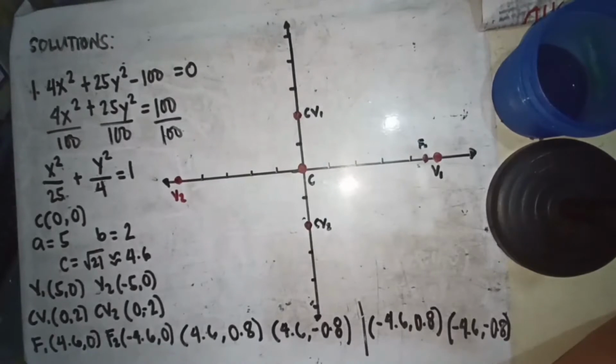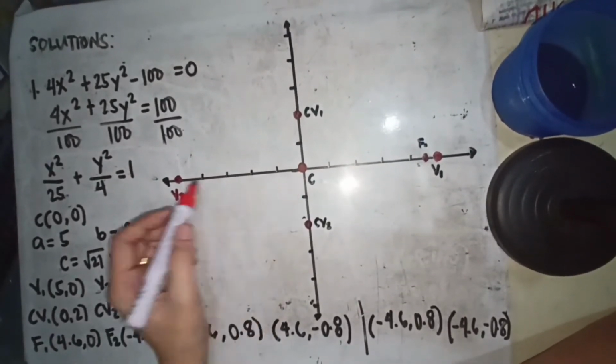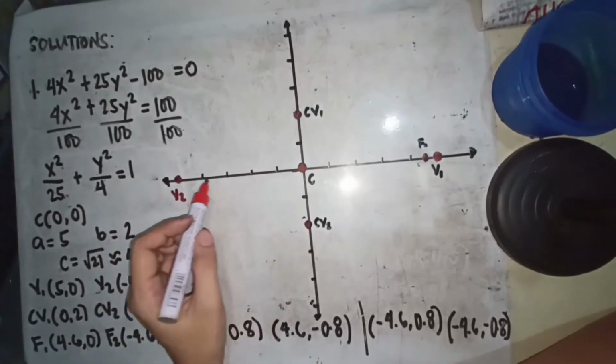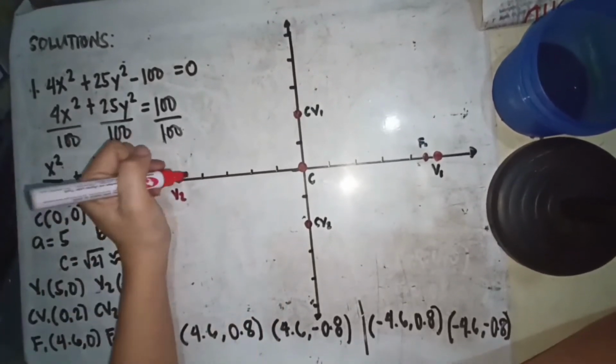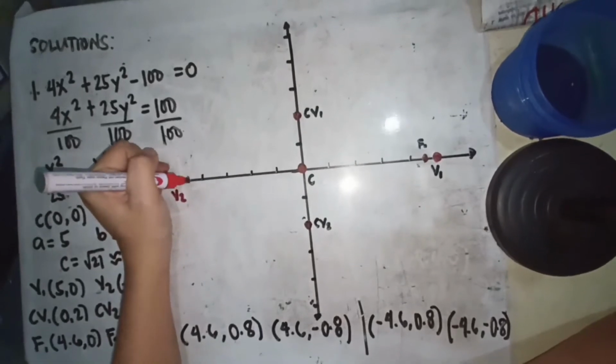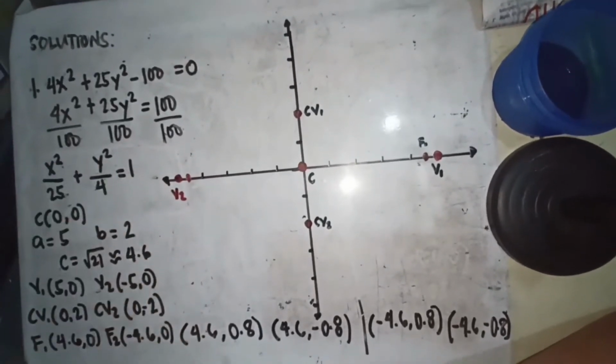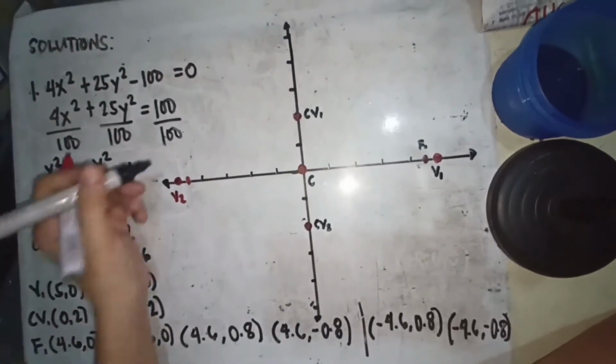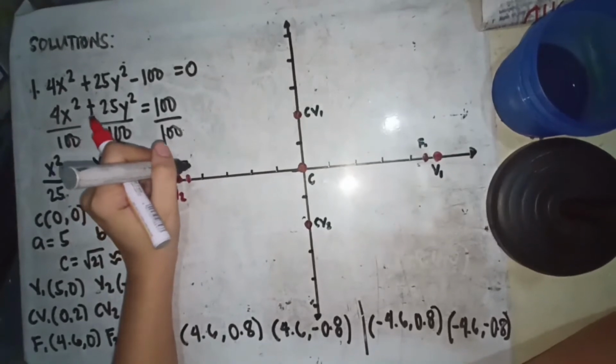We also have our F sub 2. We have negative 4.6 and 0. So we have negative 4.6, 1, 2, 3, 4. Again, between. So this will be our F sub 2.